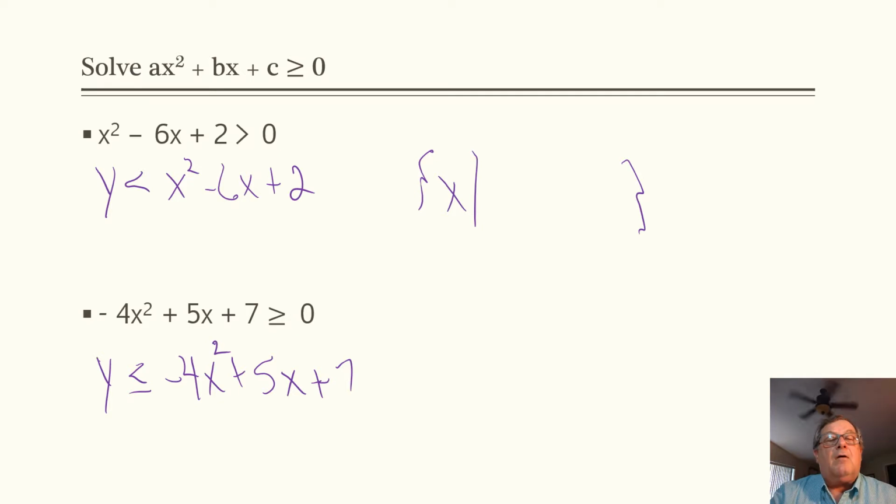So why don't we move to the calculator? We're going to graph these. We're going to let the calculator determine our solution set, where our region is, but then we're going to find the zeros. In other words, what is the x-intercept? Ready? Does it matter if you are? No, not really. We're going to do it anyway.